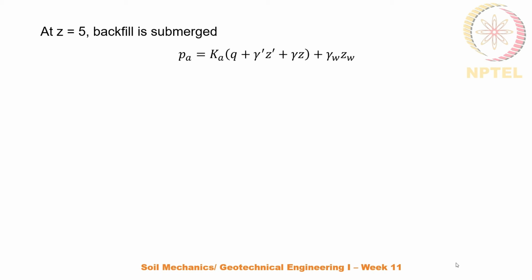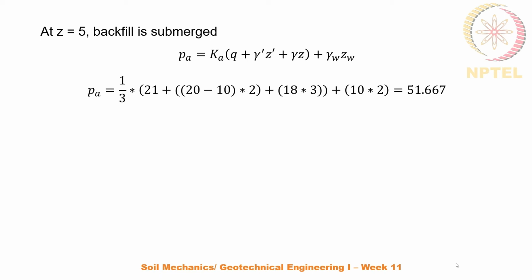Here gamma W ZW is the term for the pressure induced by the water. Gamma dash Z dash corresponds to submerged backfill, and the remaining is similar to the previous equations. So, since the backfill is submerged, we have to take into consideration two additional terms, that is, submerged backfill soil as well as the water. Substituting, we have Pa equal to 51.667 at the level of Z equal to 5.